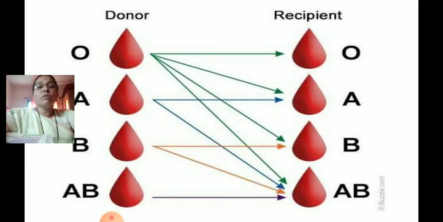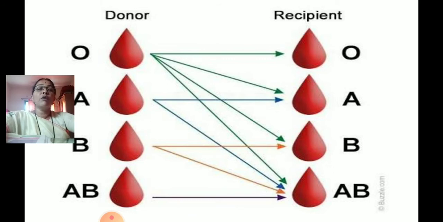And need not worry, because the blood is already being stored in the blood bank, so for emergency we can ask the blood bank to get the blood of that particular group.